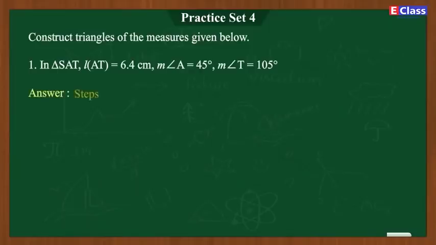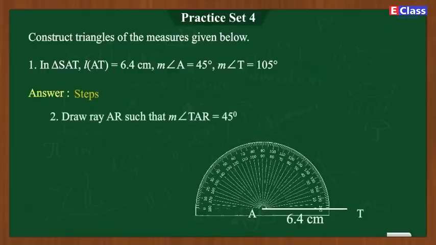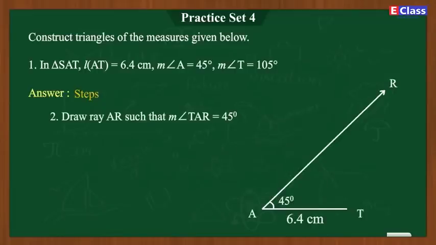Steps. 1. Draw segment AT as base of length 6.4 centimeters. 2. Draw ray AR such that measure of angle TAR is equal to 45 degrees. 3.